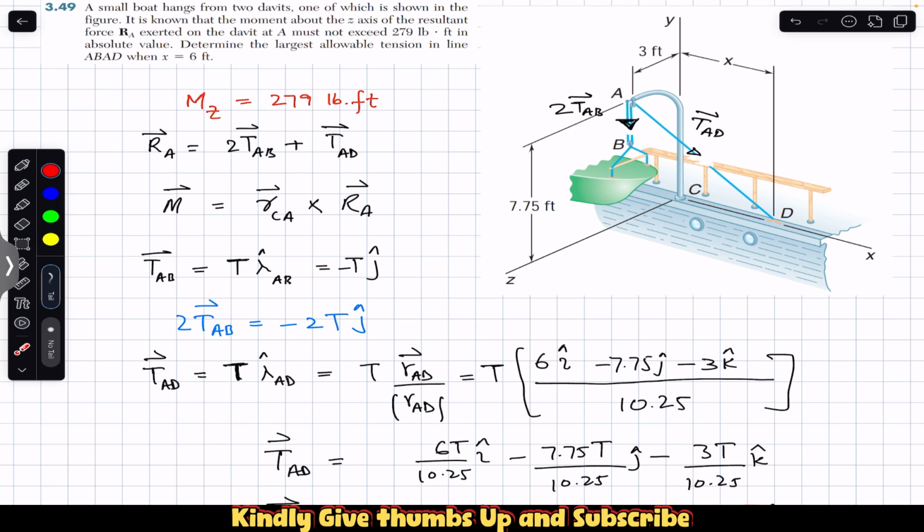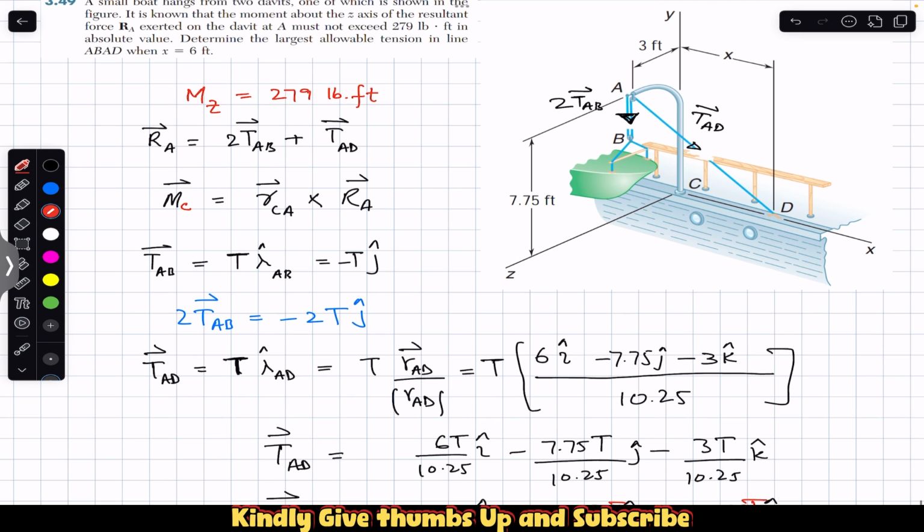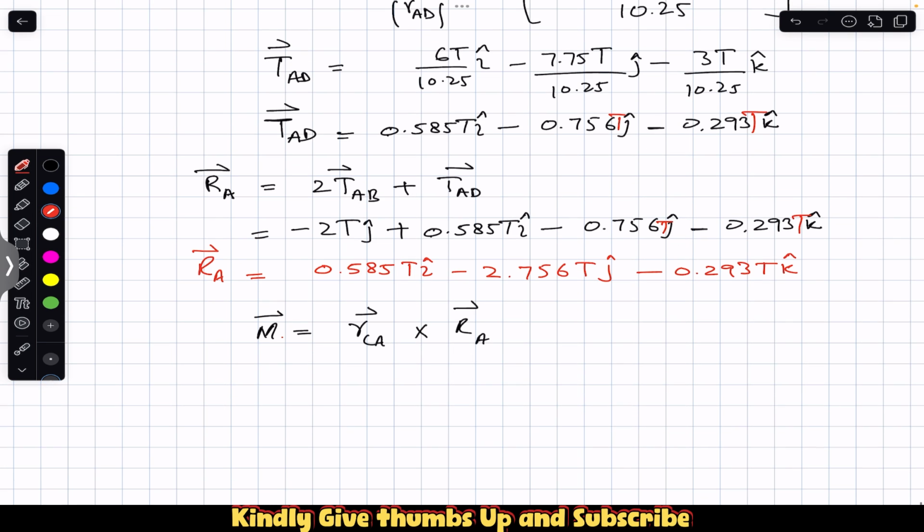So this equation will give us the overall moment about that point C. So let's write this as moment about point C. So we will have moment about point C equals to this.